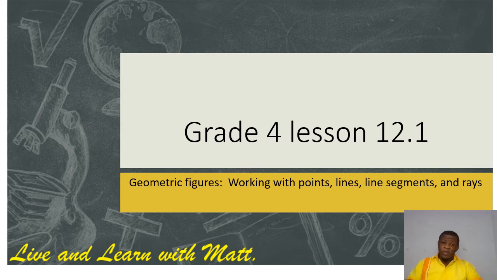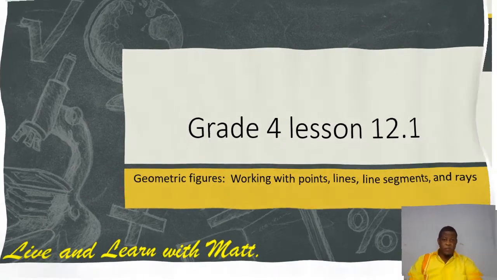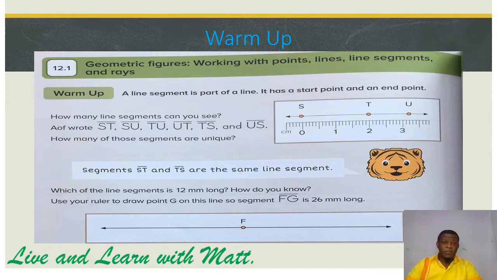So today, let's take a look at geometric figures working with points, lines, line segments, and rays. Now let's take a look at the warm-up. A line segment is part of a line. It has a start point and an end point. So how many line segments can you see?